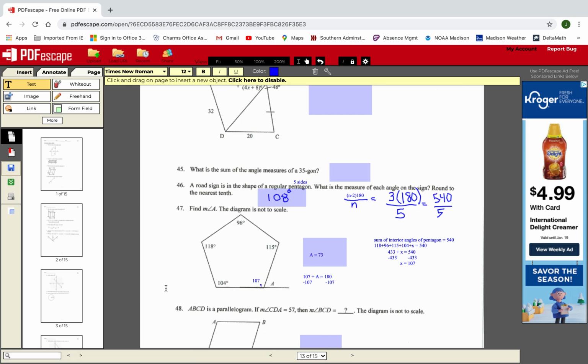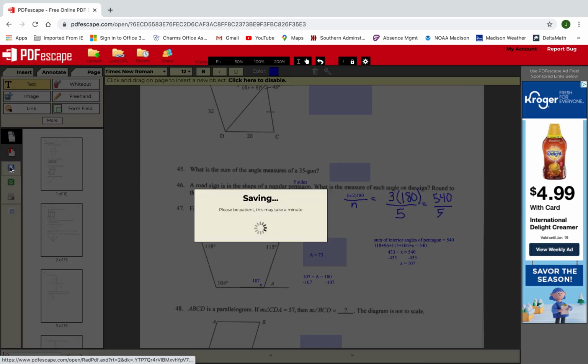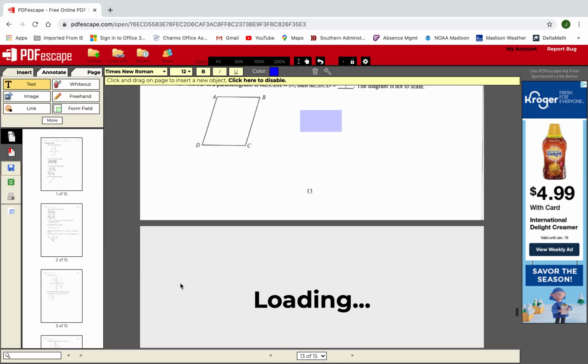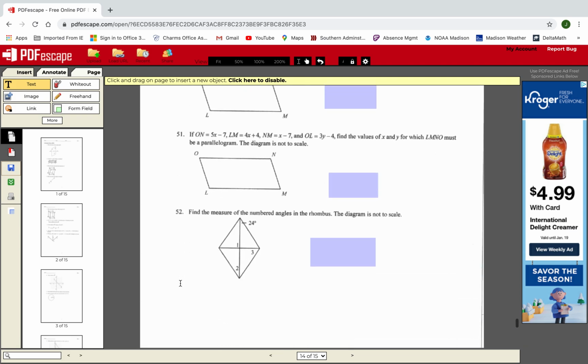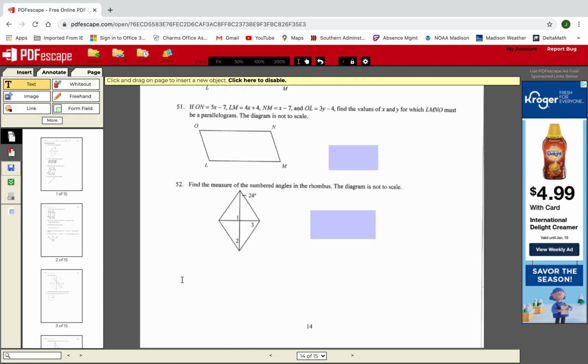All right. Flipping over to these last pages, we only have 3 more problems. Looking at 52. 52, find the measure of the numbered angles in the rhombus. In the rhombus, we know that the diagonals are perpendicular.